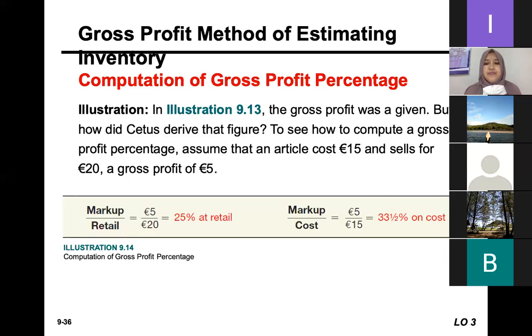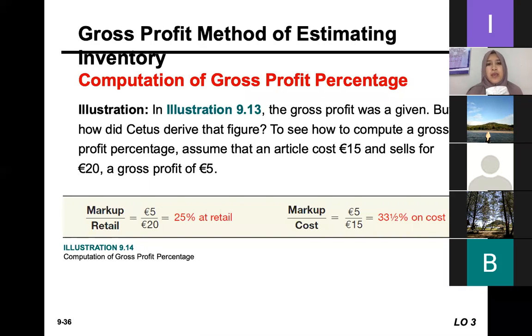What about if gross profit is not given? Let's see how we compute a gross profit percentage. Assuming the cost of that inventory is 15 and it sells for 20, the gross profit is 5 euro. So the markup on retail price, which is on selling price, is 25% at retail.